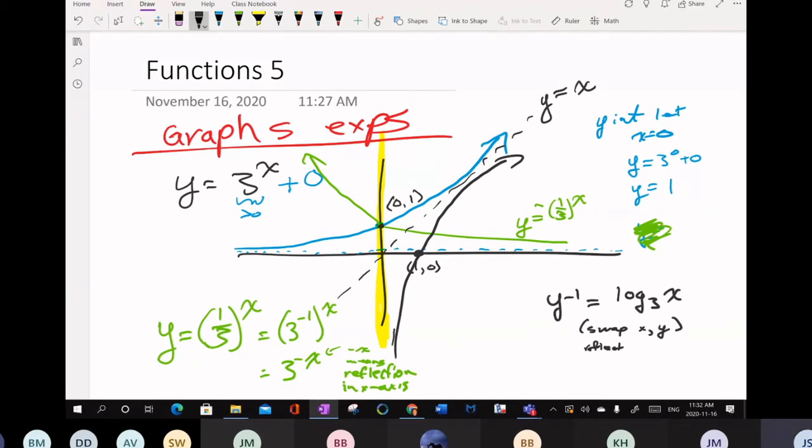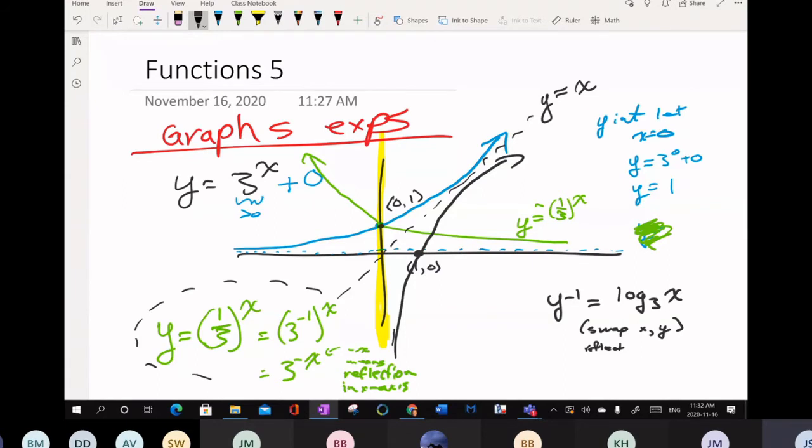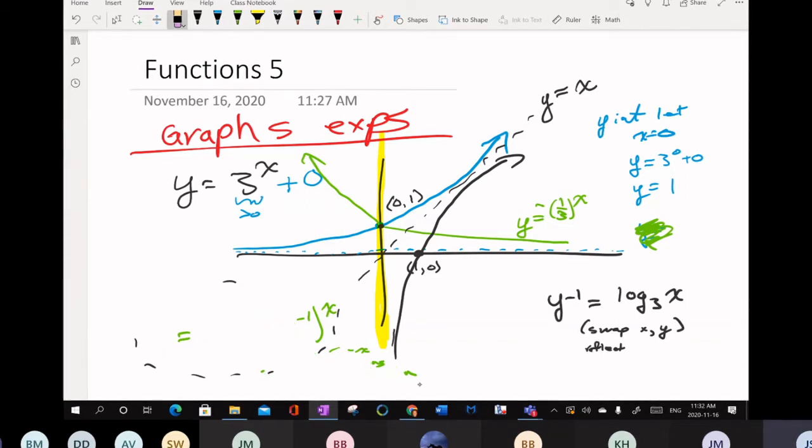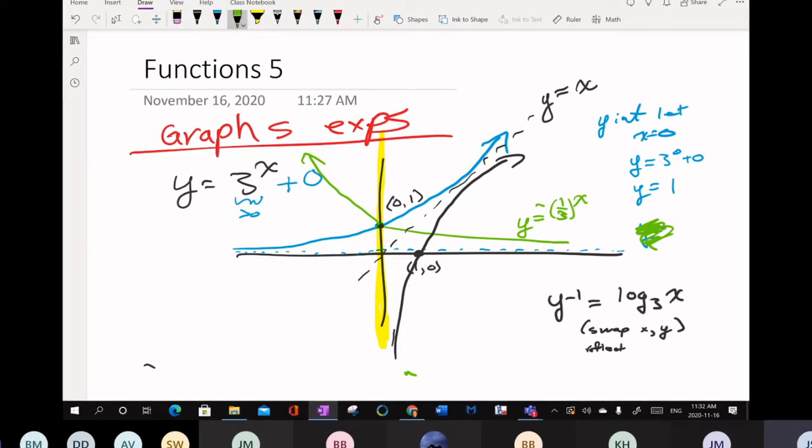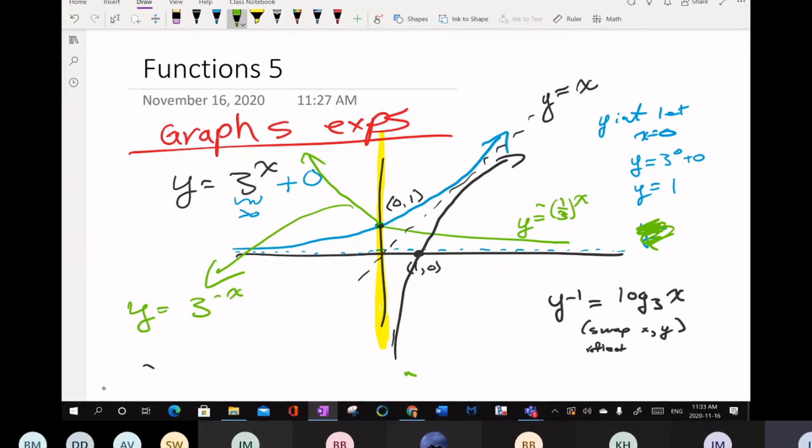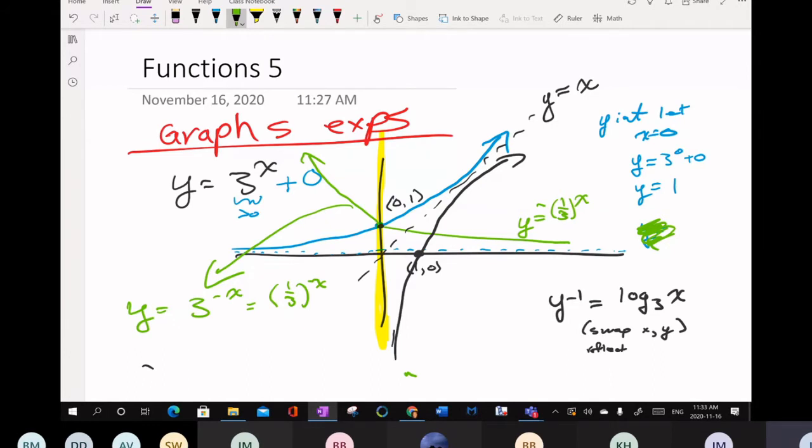Okay. Now, let's say that I asked you for the inverse of this one here. Remember, the basic equation for the green one is y is equal to 3 to the negative x, or it would look like (1/3) to the x.